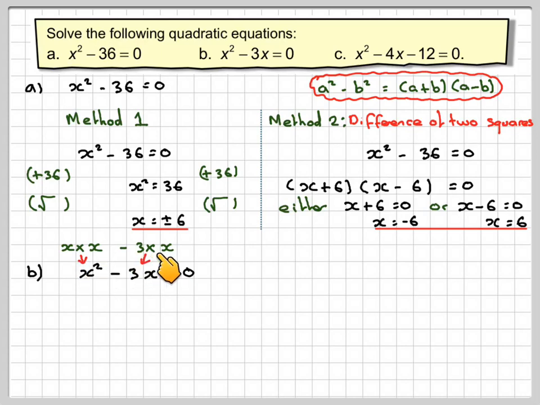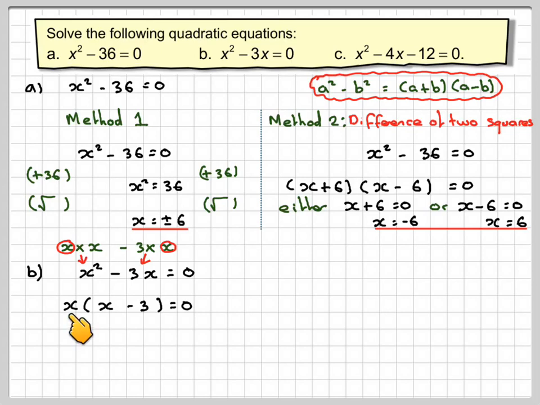What we've got in common here and here is an x, so put a circle around those, and that becomes the beginning of our factorisation and the bracket. And then what was not circled, we've got x minus 3 is equal to 0.